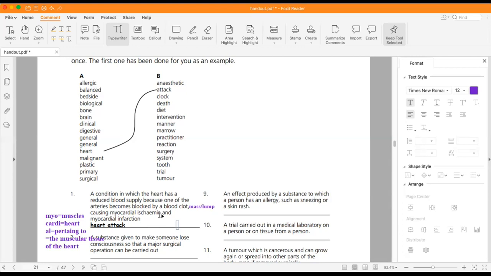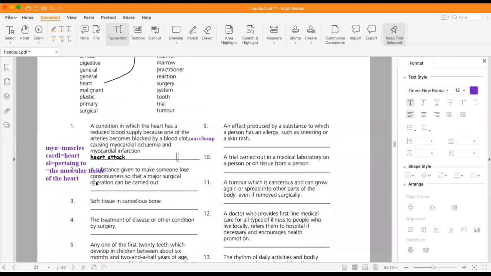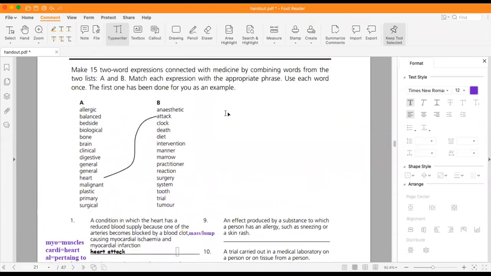Ischemia is a condition in which the blood flow and thus oxygen is reduced or restricted in a part of the body. Alright, let's write it and say it again. Ischemia, or sometimes it's written with only E instead of AE, alright? What is the meaning of this word?